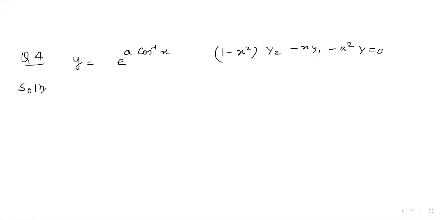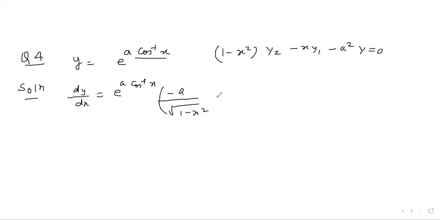Let's consider the solution. dy by dx. Differentiation of e to the power function will be e to the power function, that is a cos inverse x, into the derivative of a cos inverse x, that will give minus a divided by root of 1 minus x square.